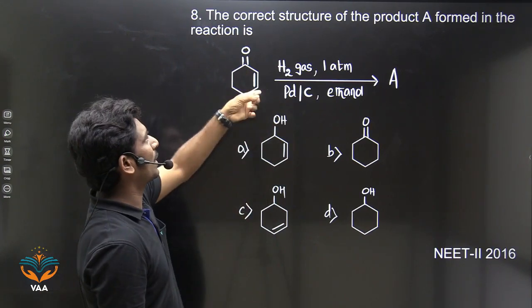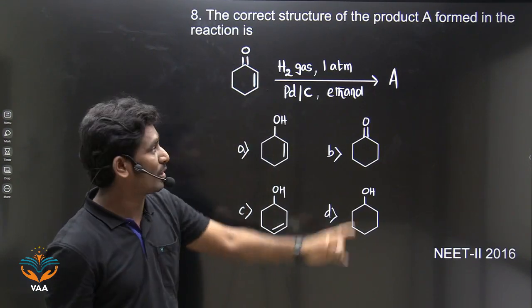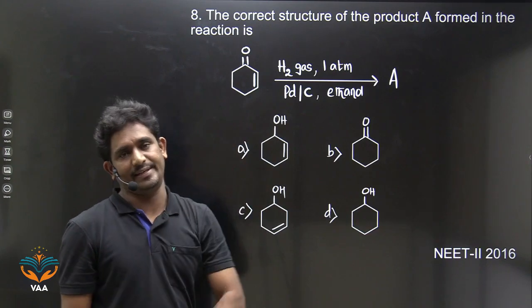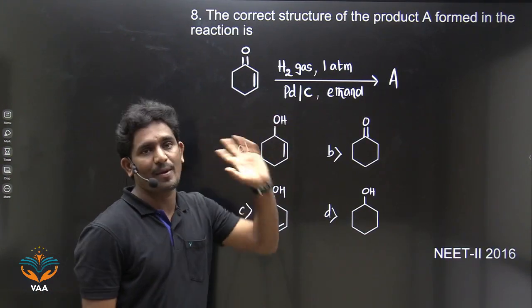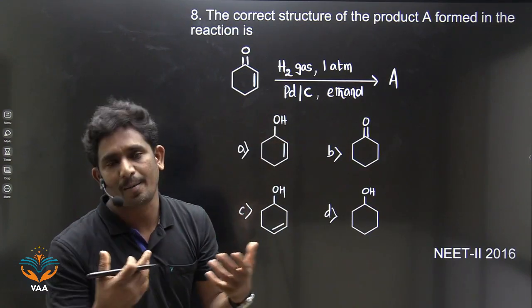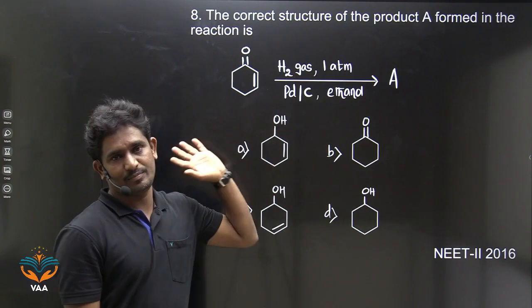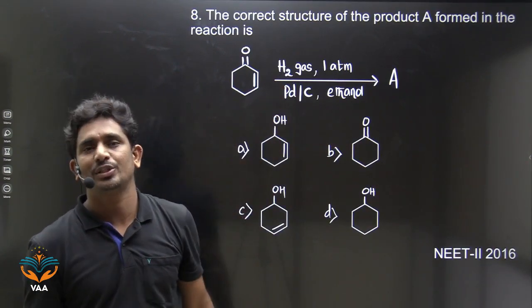The metal is somewhat deactivated because of the carbon, poisoned by carbon atom in the presence of ethanol. So partial hydrogenation takes place.